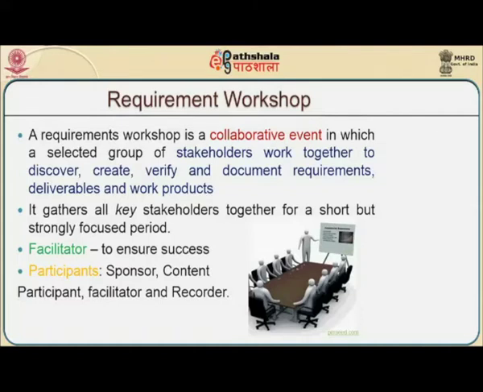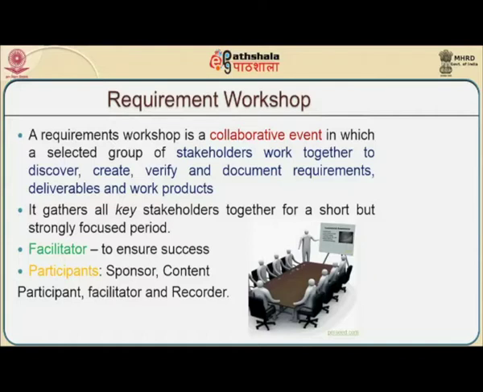So, this requirements workshop is a collaborative event in which a selected group of stakeholders work together to discover, create, verify and document requirements, and deliver the work products.